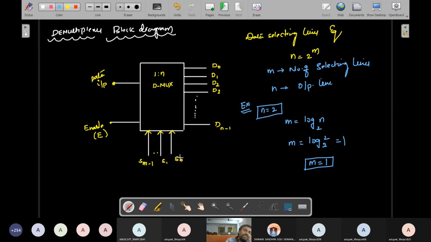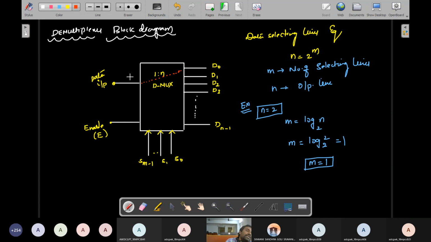If you give the selecting lines, depending on these selecting lines, the data input selects any one of the inputs.